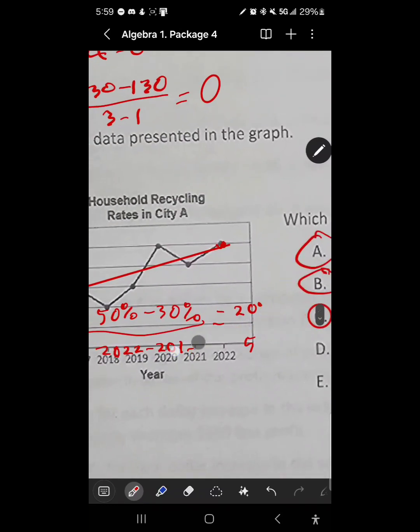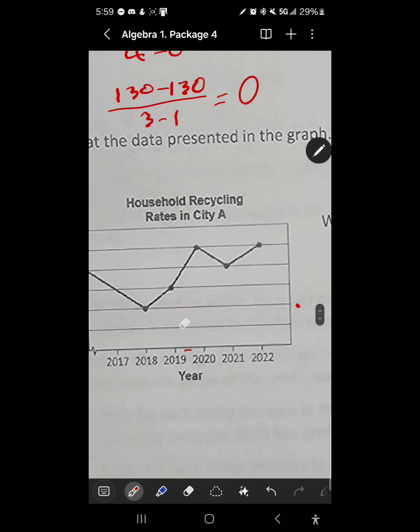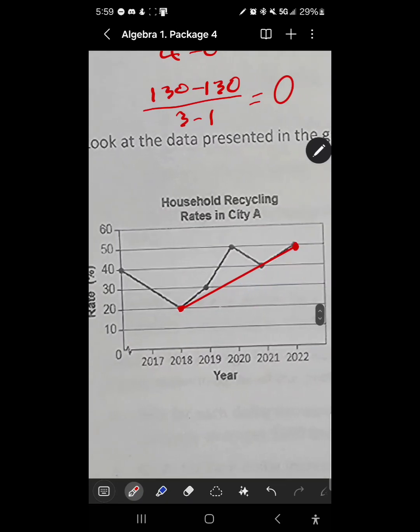So let me delete this. No, so let me see. This is 2018. This is 2022. So we want to know this. So we have 50 minus 20 over 2022 minus 2018.